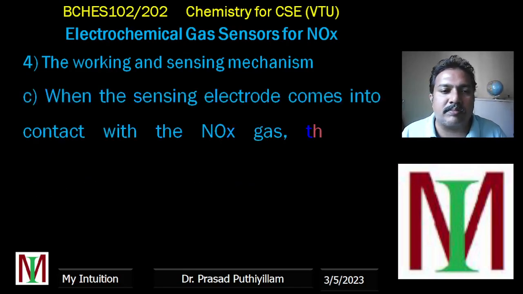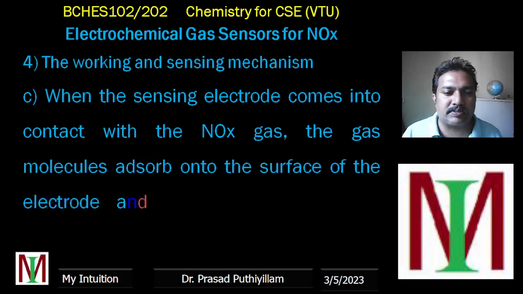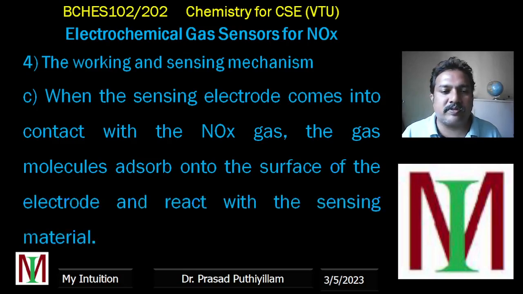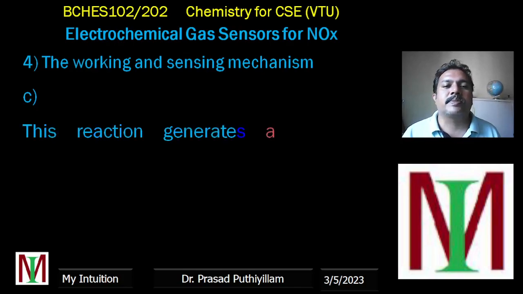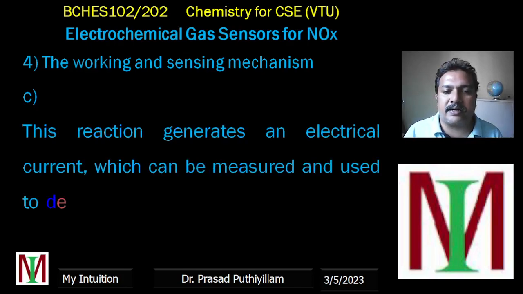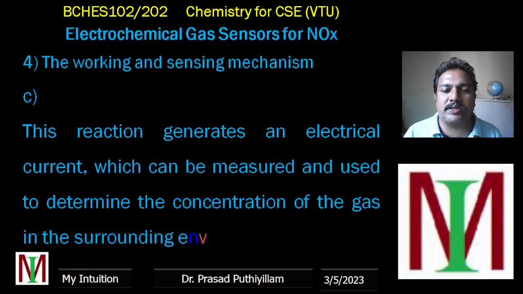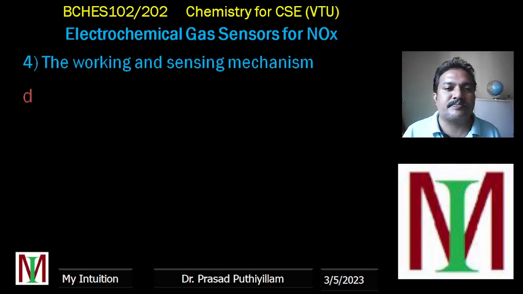Then the sensing electrode comes in contact with the NOx gas. The gas molecules adsorb onto the surface of the electrode and react with the sensing material. The reaction generates an electrical current which can be measured and used to determine the concentration of the gas in the surrounding environment.